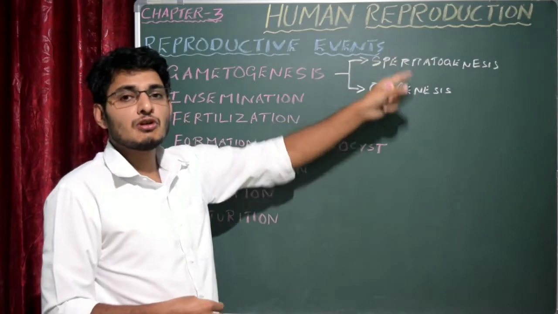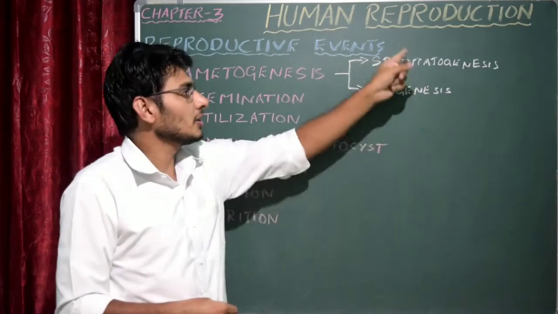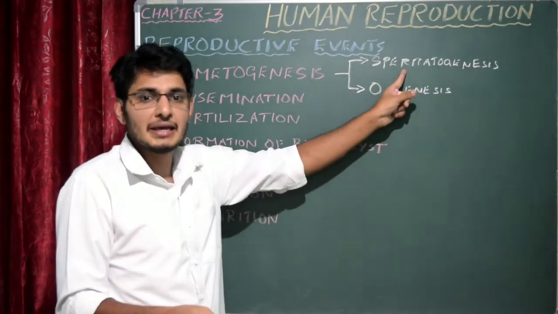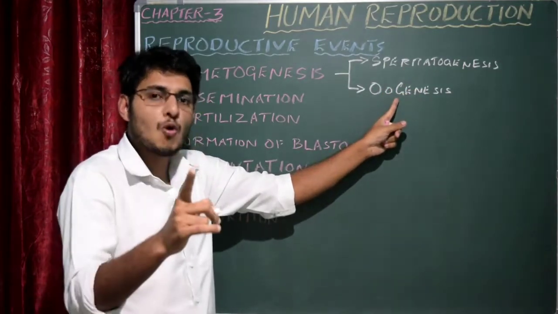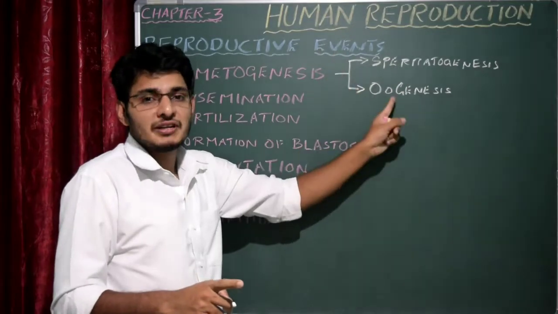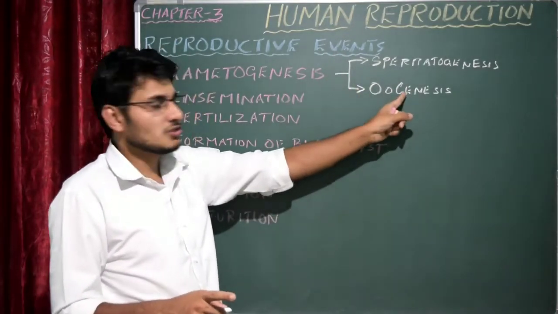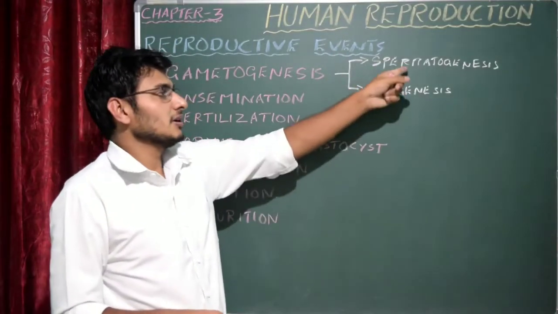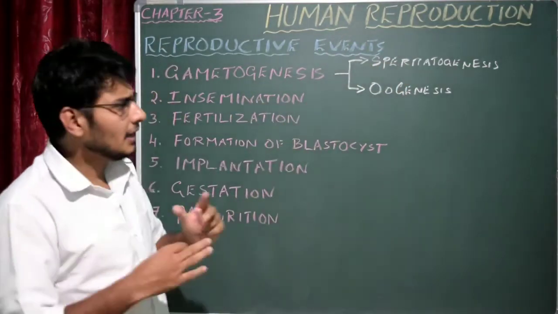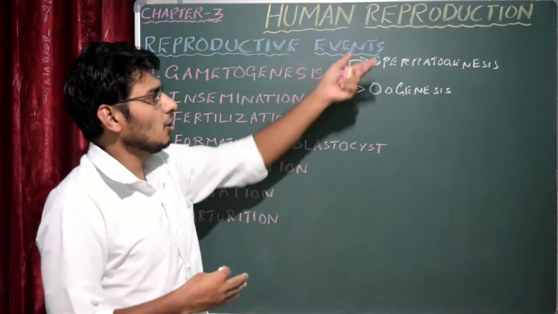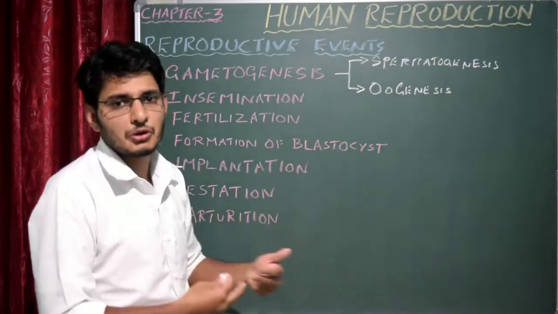Spermatogenesis is the production of millions of sperm within the testes of the male. Whereas oogenesis is the production of a single largest ovum within the ovary. And this process is called the menstrual cycle, whereas this one is called spermatogenesis, or formation of the sperm. Let us see how all these eggs or the sperms are produced within the reproductive system.